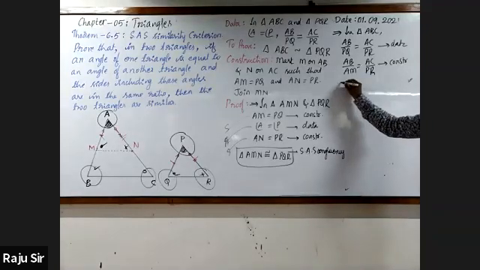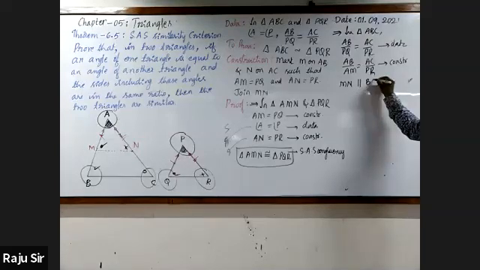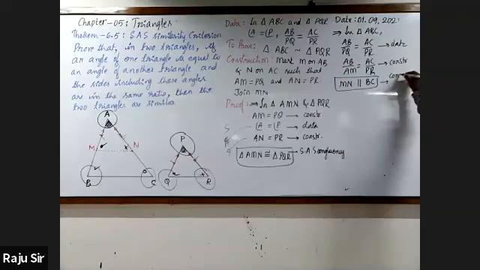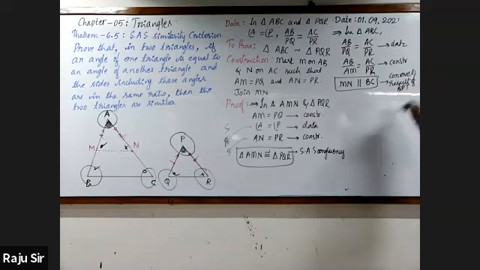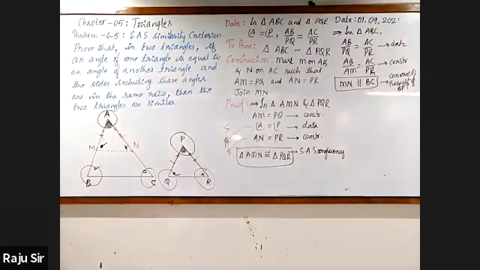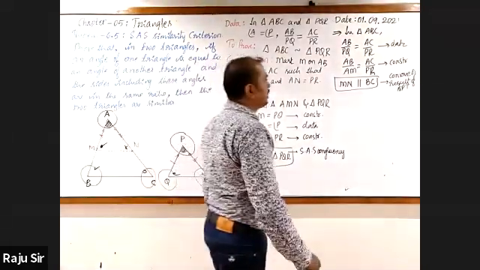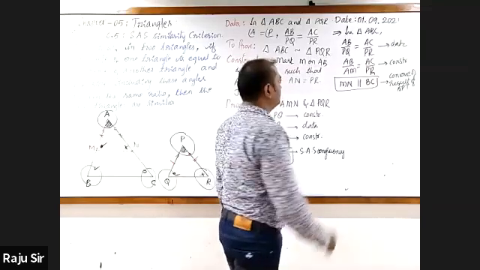Next, we can write MN parallel to BC. Reason is converse of result of BPT. Converse of result of BPT is nothing but converse of corollary of BPT.